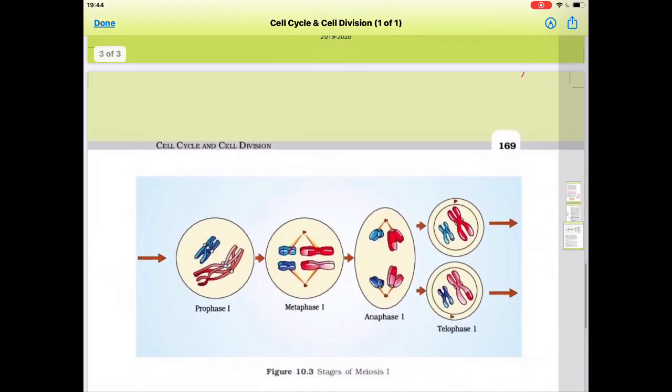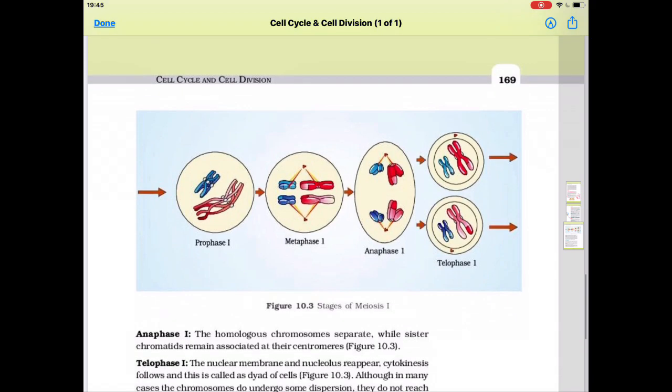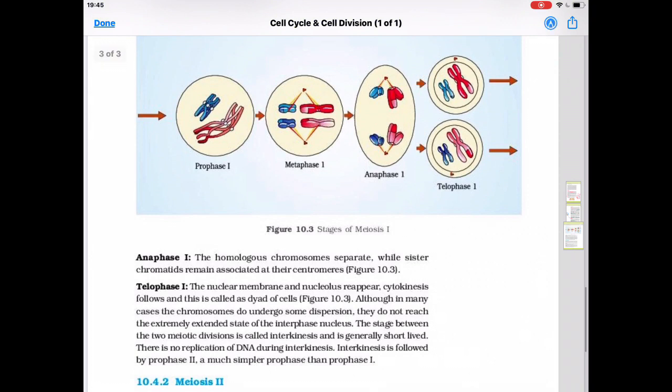But here in meiosis, the complete chromosome goes to one pole. Of the homologous chromosomes, one chromosome is linked to one pole and the other chromosome is linked to the other pole.